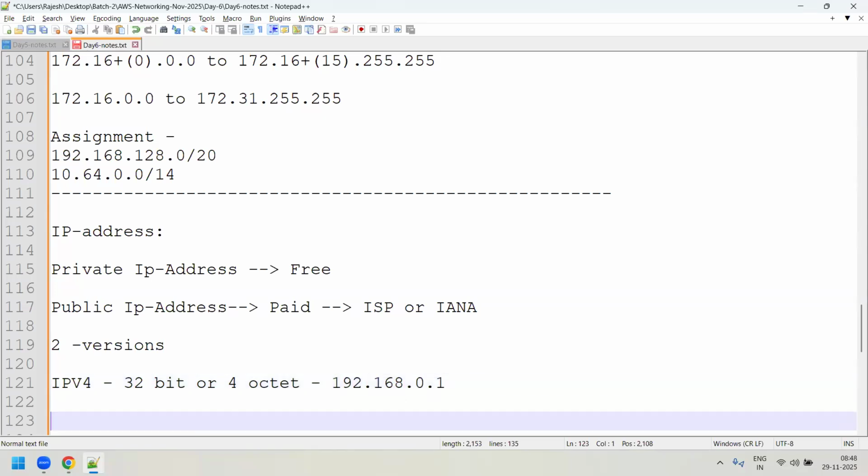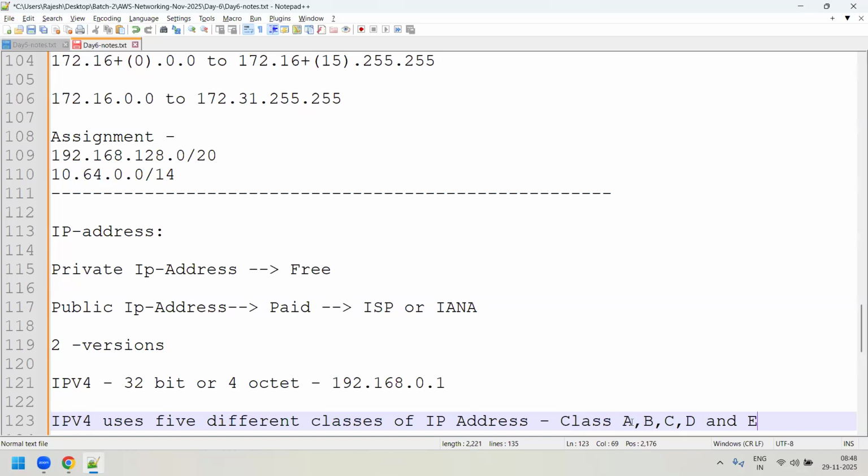IPv4 addresses use 5 different classes of IP address. What are those 5 classes? Class A, class B, class C, class D, and class E. Your IPv4 address can use any one of these classes.